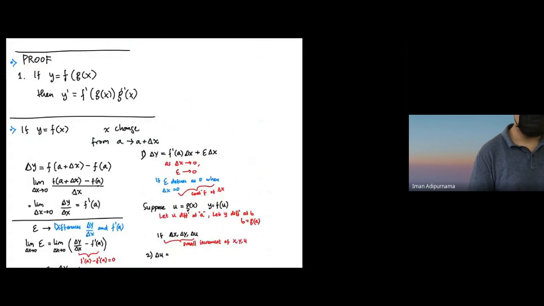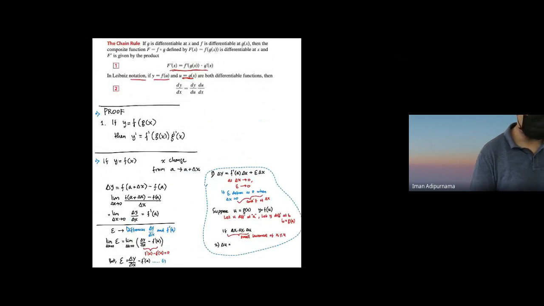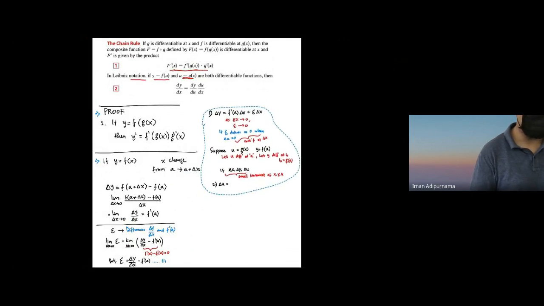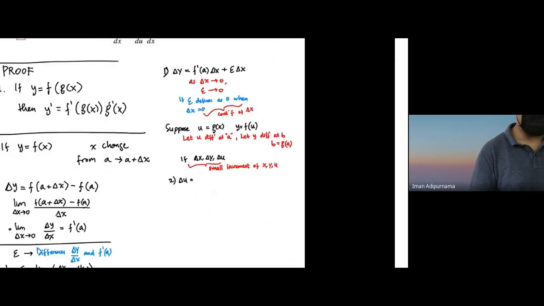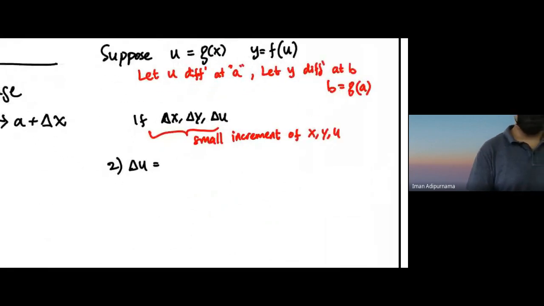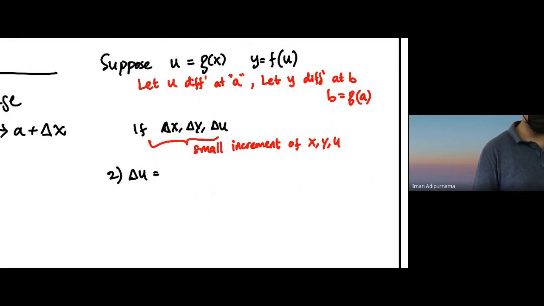Okay, I think here should be okay, so that I will write all in the same paper. So delta u will be g prime of a delta x plus we have another epsilon on u.